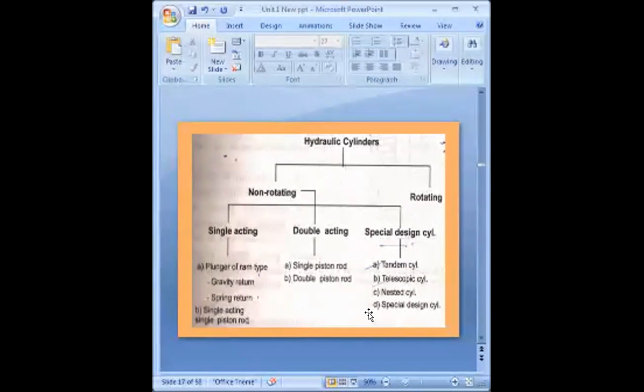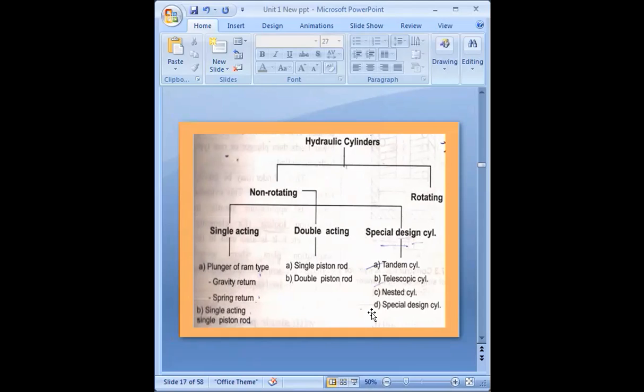So quickly, please write down this classification within 2 minutes. This is also important. Hurry up, please write down the various types of classification of hydraulic cylinder.